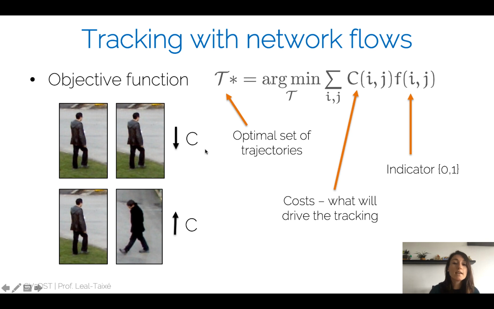And again, we said low cost is good because low cost should represent detections which are very similar. So overall, our objective function is going to try to activate only the costs that give us the lowest overall cost possible. And of course, these connections will give us the optimal set of trajectories, which is essentially what we're trying to find here.